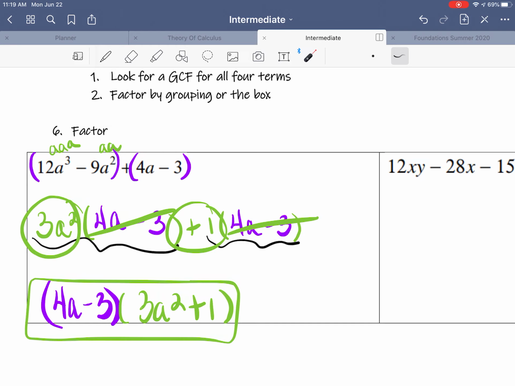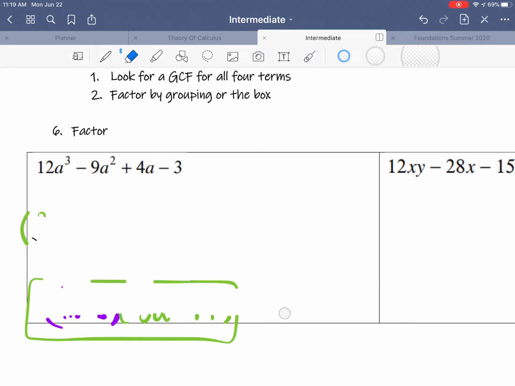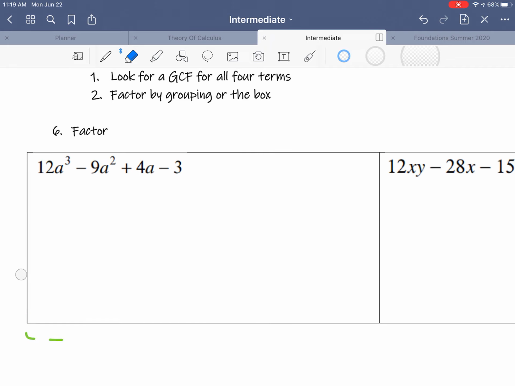So that was really cool, and I really love factor by grouping, but what I love more than factor by grouping is the box method. Yay, the box method. I really like the box method because it's just more organized. It's not necessarily different, like you're not doing any different process. It just organizes it in a nice, neat little package.